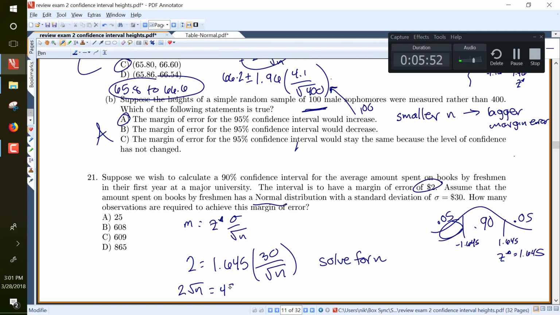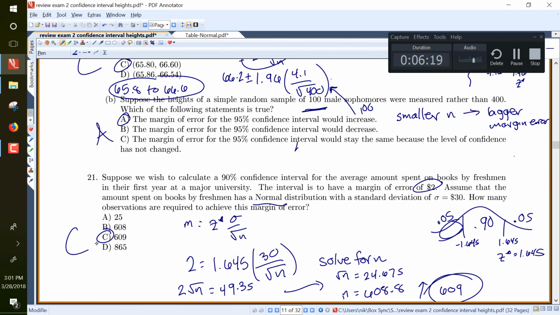So 49.35. Let's divide both sides by 2, so square root of n equals 24.675, and square both sides to get 608.8, and we always round up, so 609.